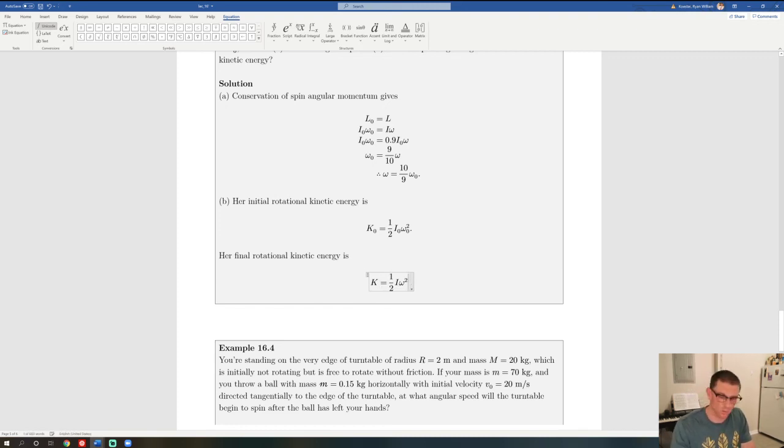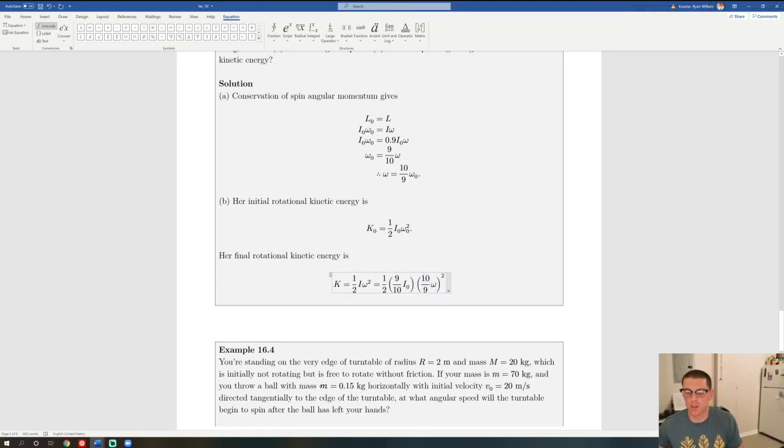And let's remember what this is. This is 1/2, so we said 9/10 I naught, right? And then 10/9 omega quantity squared. Now the quantity squared thing is important here, right?